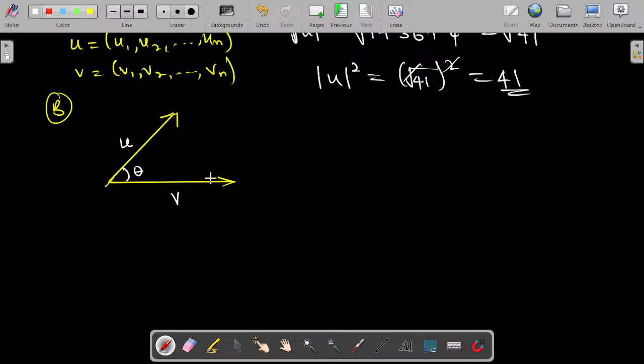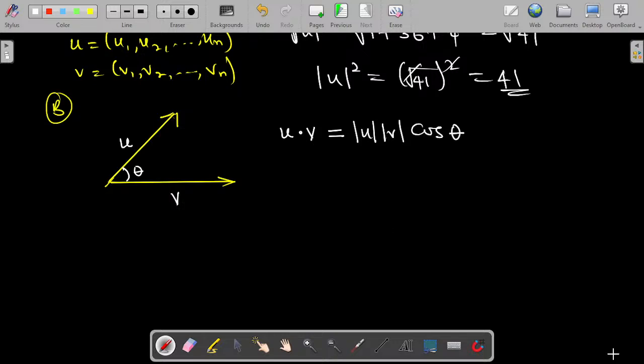Here we define a geometric definition for dot product, and we write it this way. We say that u dot v is simply equal to the magnitude of u times the magnitude of v, and then times the cos of theta. Pay attention, it is not difficult, nothing serious there.